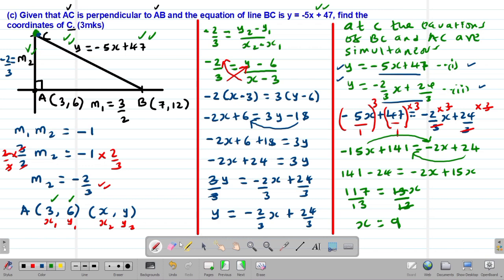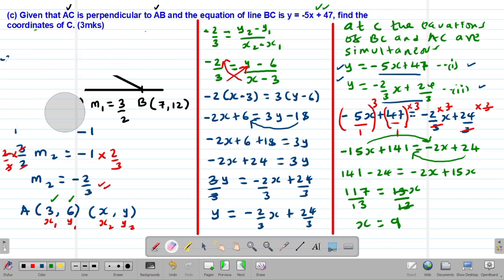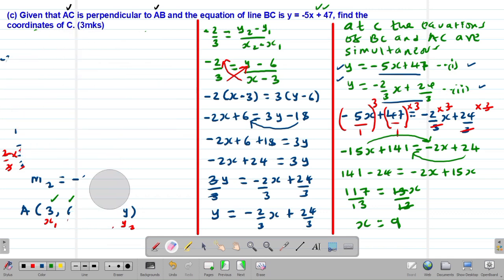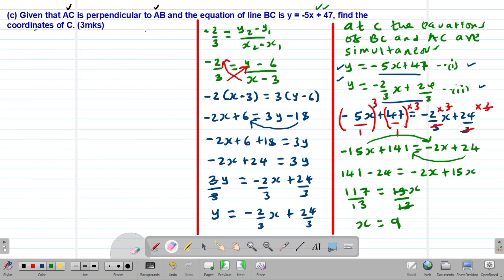Then I also need to find the value of y by substituting through one of the equations. So I'll substitute x is equal to 9 in the first equation.